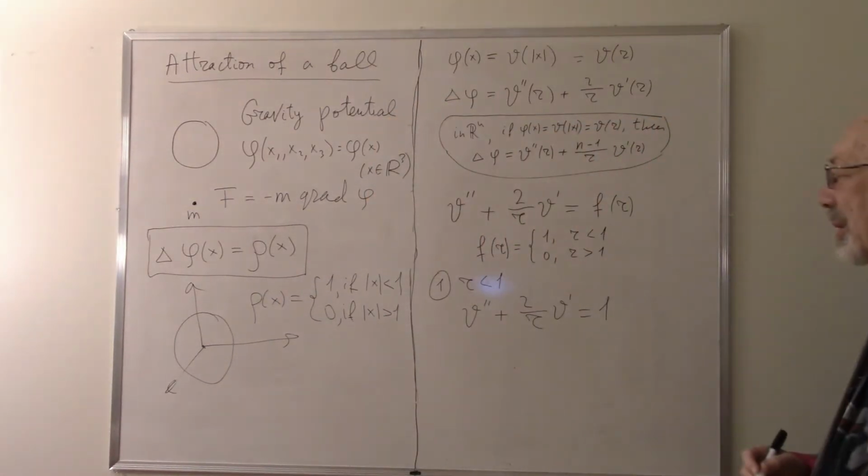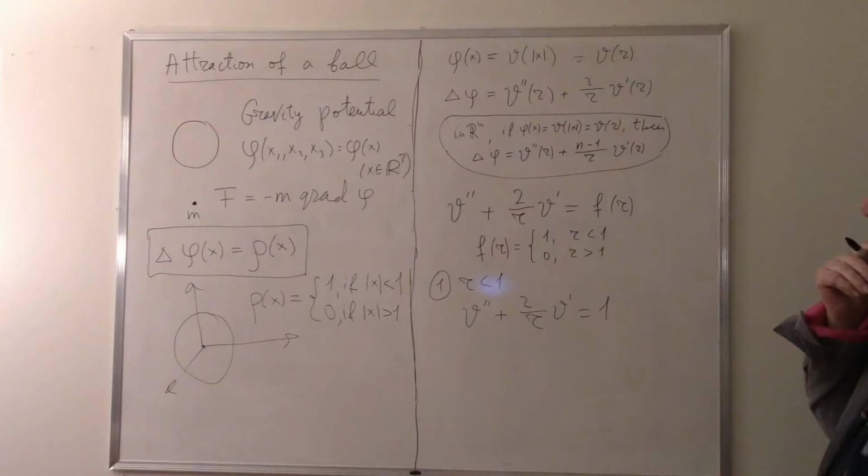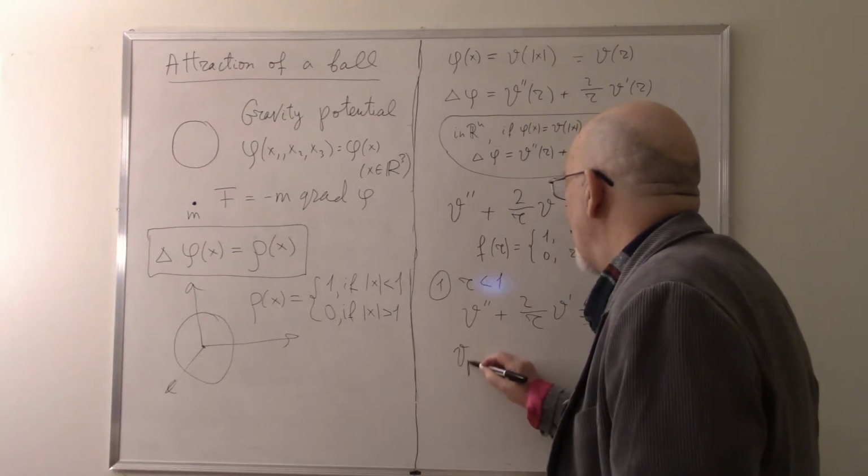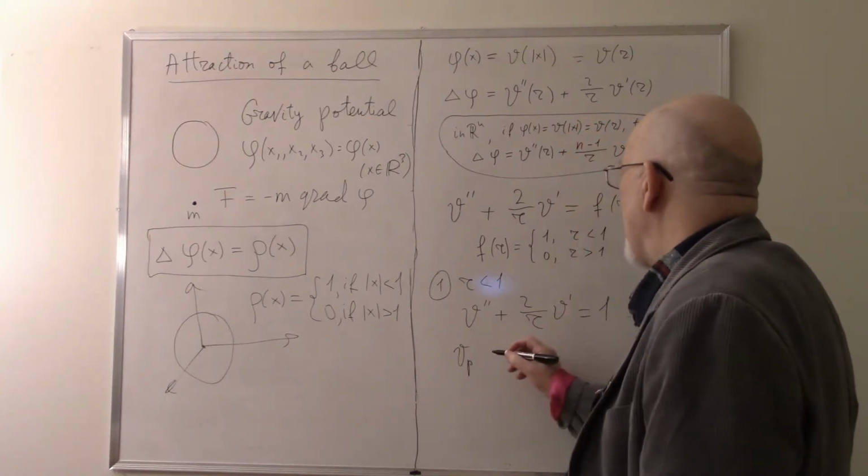We have this equation. It is an ordinary equation, and we can easily find its particular solution, a particular solution of the non-homogeneous equation.